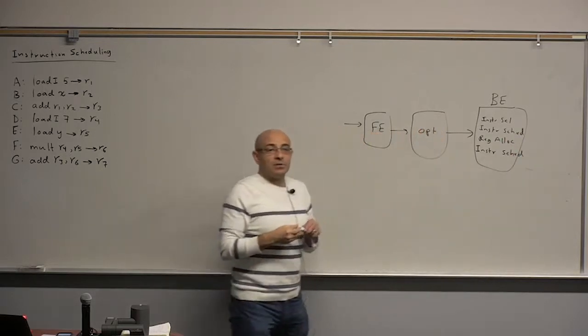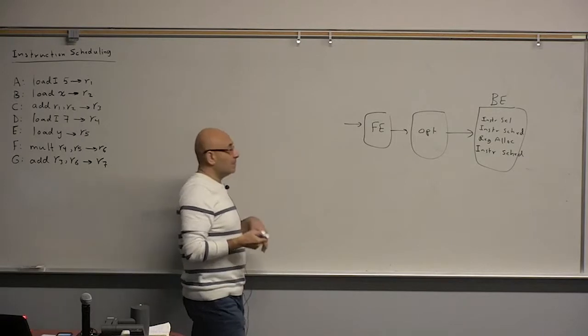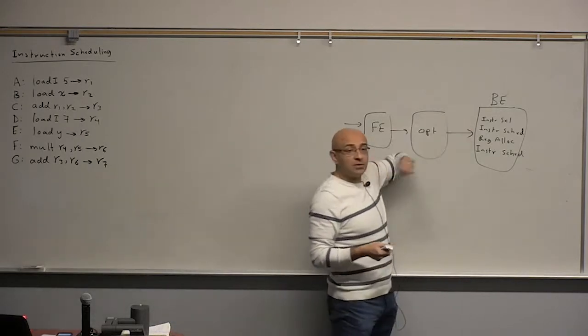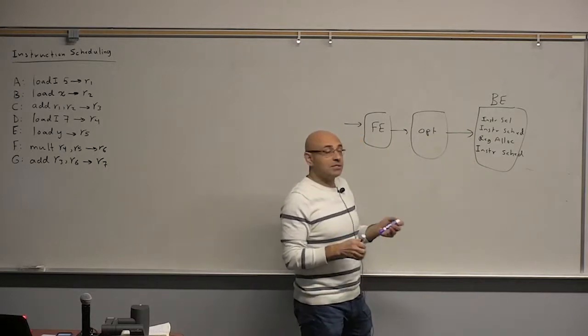Many compilers have two instruction scheduling passes, one before register allocation and one after register allocation.